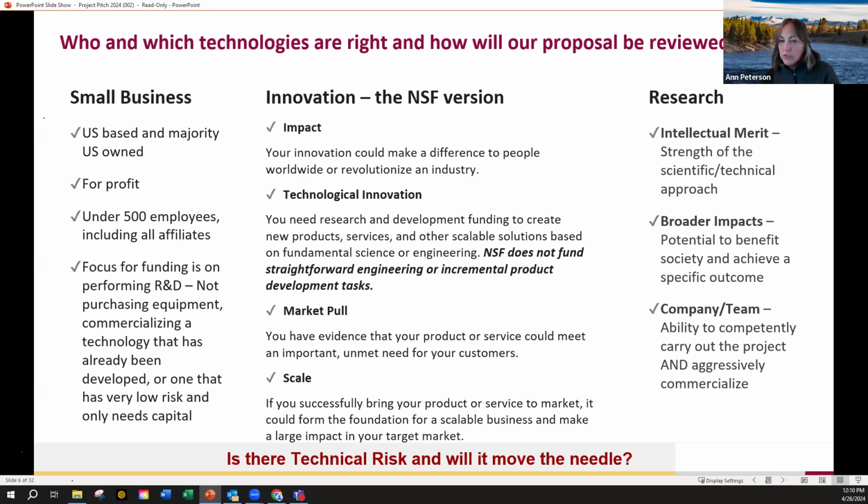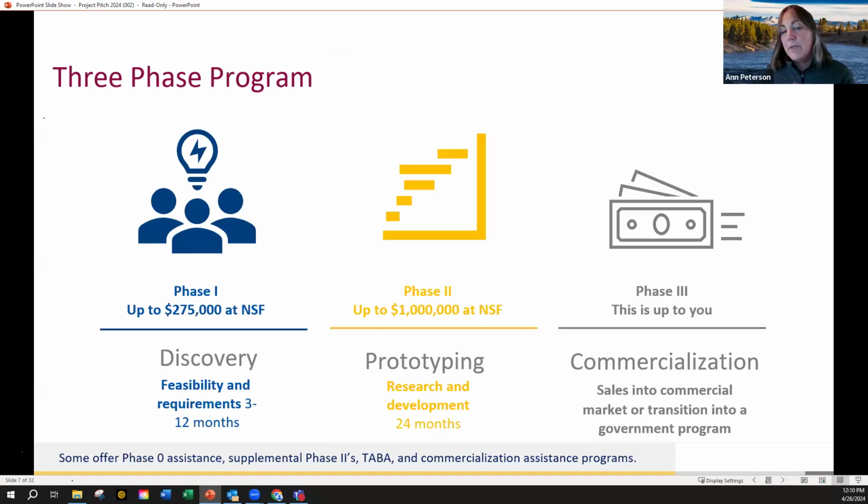It really has the potential to both benefit society or meet some really clear mission needs. And then they're going to be looking at your company and team. They want to make sure that your team is competent to carry out the scientific research, but also to aggressively commercialize this technology once it's developed.